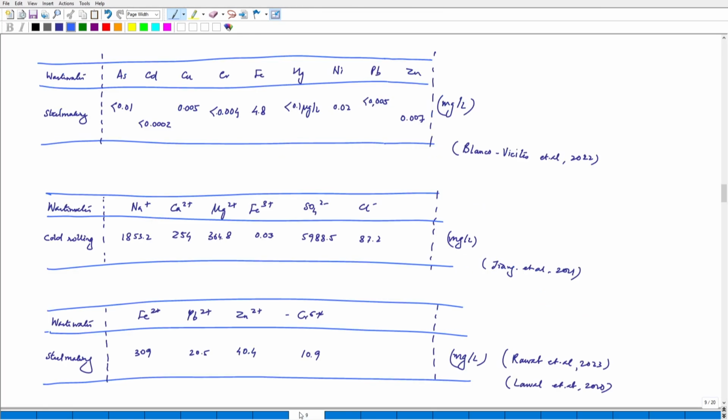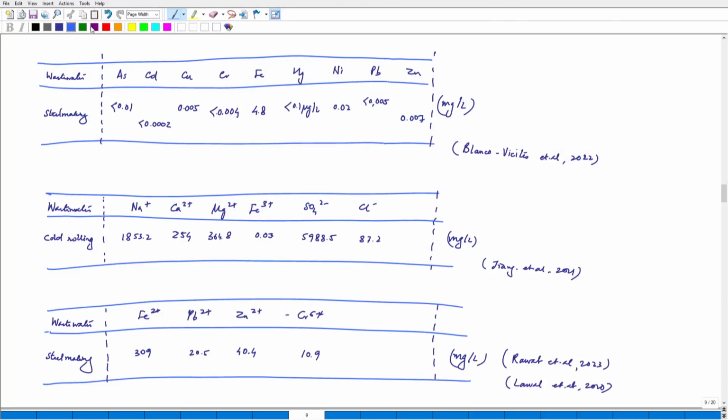Now we must note what are really the variations in chemical compositions. We've seen the categories of wastewaters, and in such a classification of wastewater and the chemical compositions that we are now about to study, the variations are enormous because these are generated in different sources.